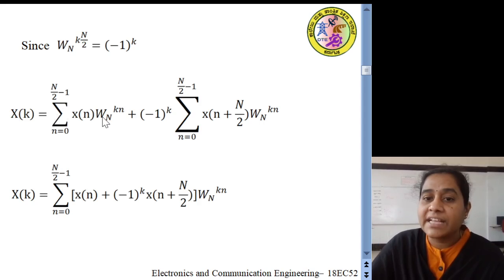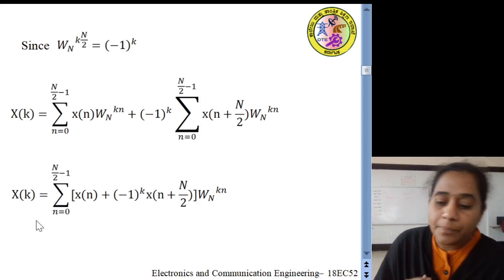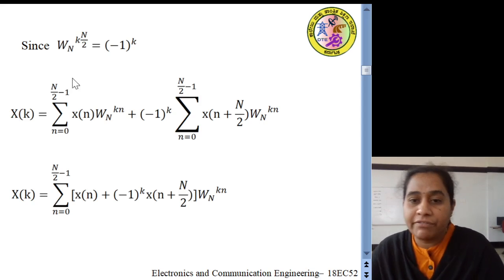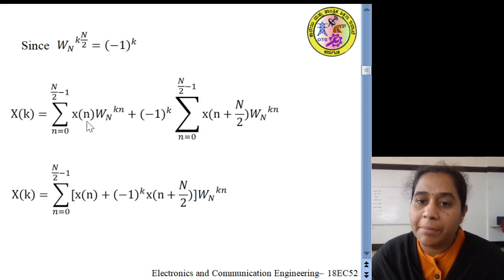summation n varying from 0 to N by 2 minus 1, x of n into WN raised to the power of kn, plus (minus 1) raised to the power of k into summation n varying from 0 to N by 2 minus 1, x of n plus N by 2 into WN raised to the power of kn. So further, if we simplify this, we obtain X of k as a single summation, as we are adding these summation limits because the limits are the same in both the terms.